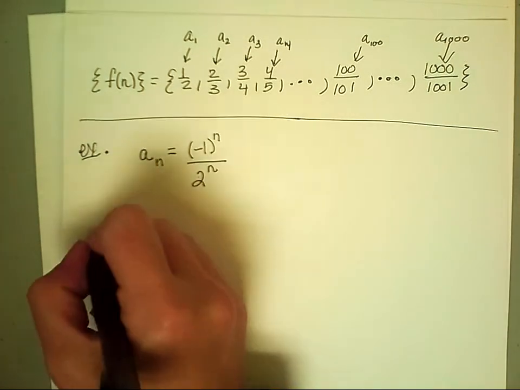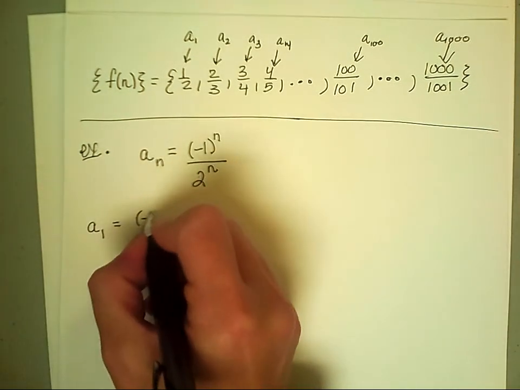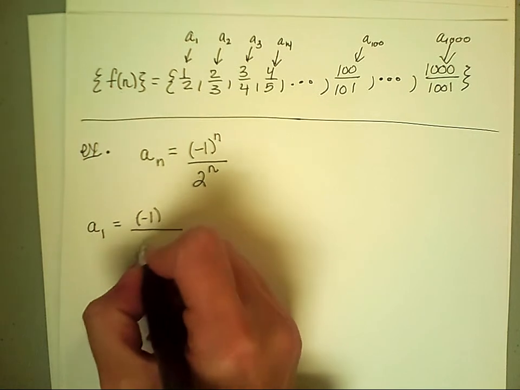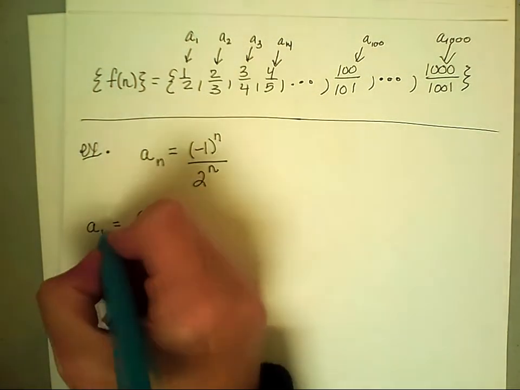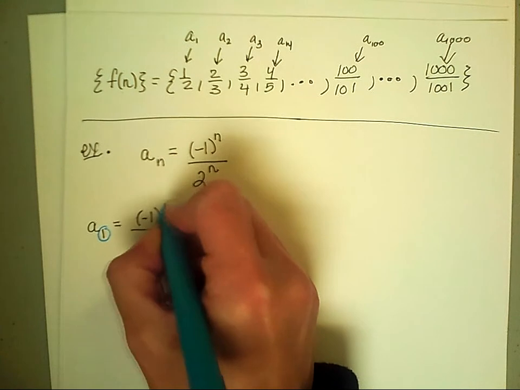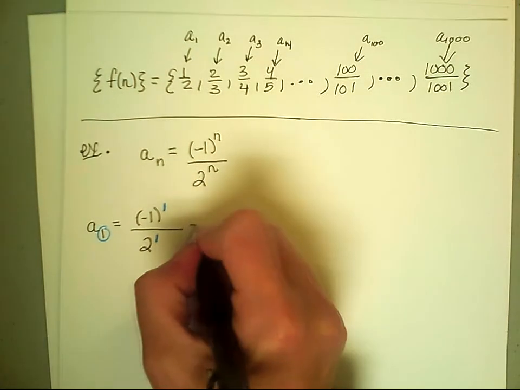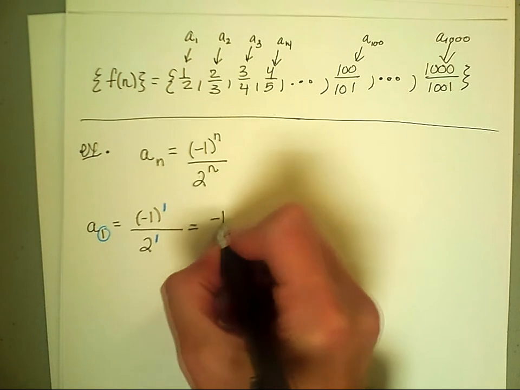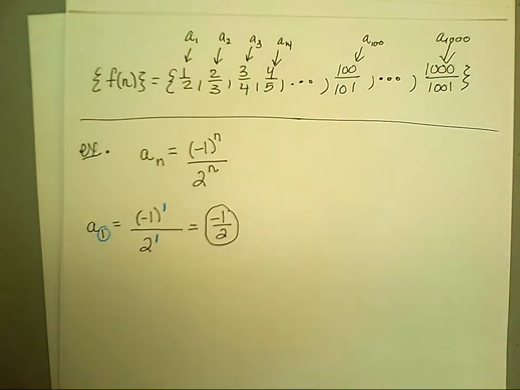Right. So a sub 1 is negative 1. We're going to raise that to the nth power. But in this case, remember n is equal to 1, so this is to the first power, and this is to the first power. So negative 1 to the first is negative 1 over 2. So the first term, a sub 1, is negative 1/2.